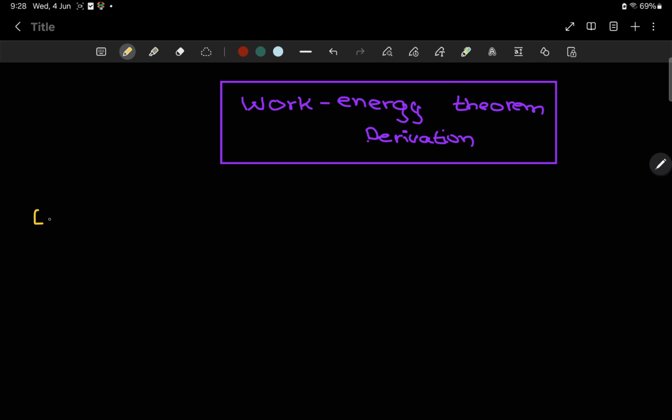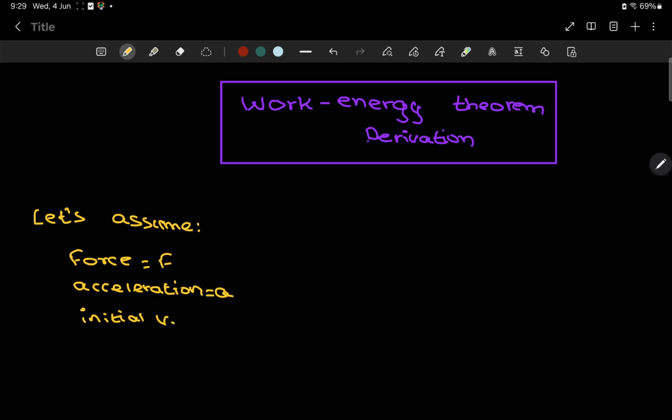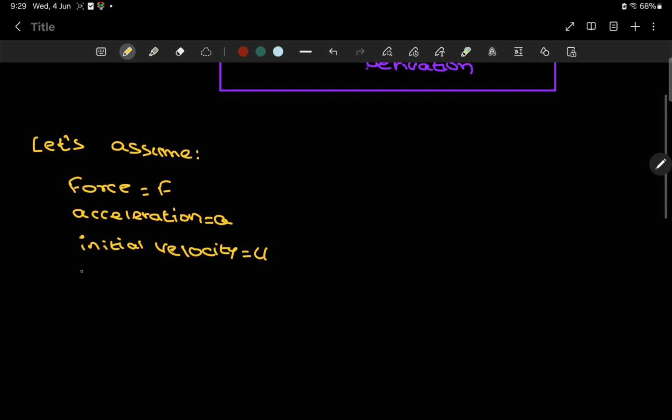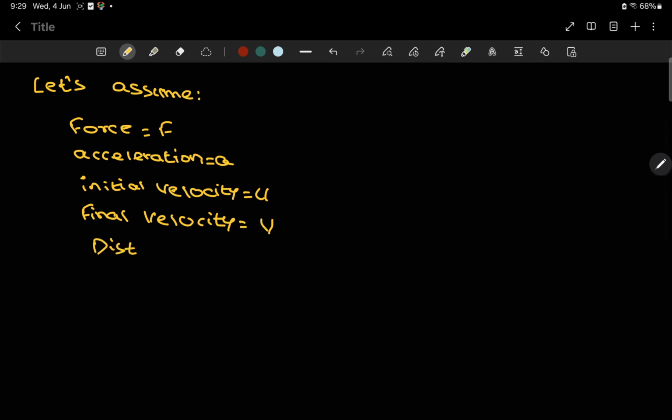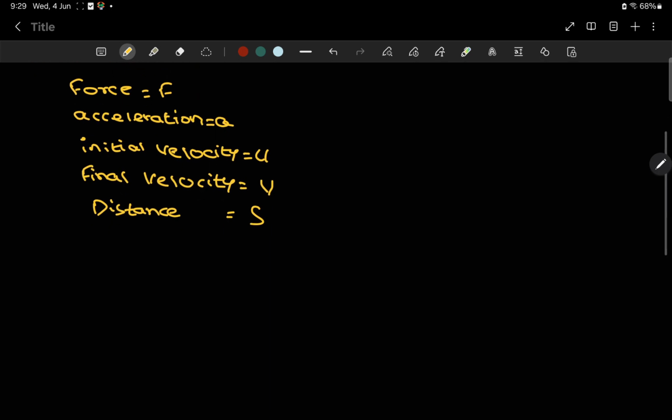So let's assume force equal to F, acceleration is equal to A, initial velocity equal to U, final velocity V, distance S. So we have assumed these terms as variables, right?